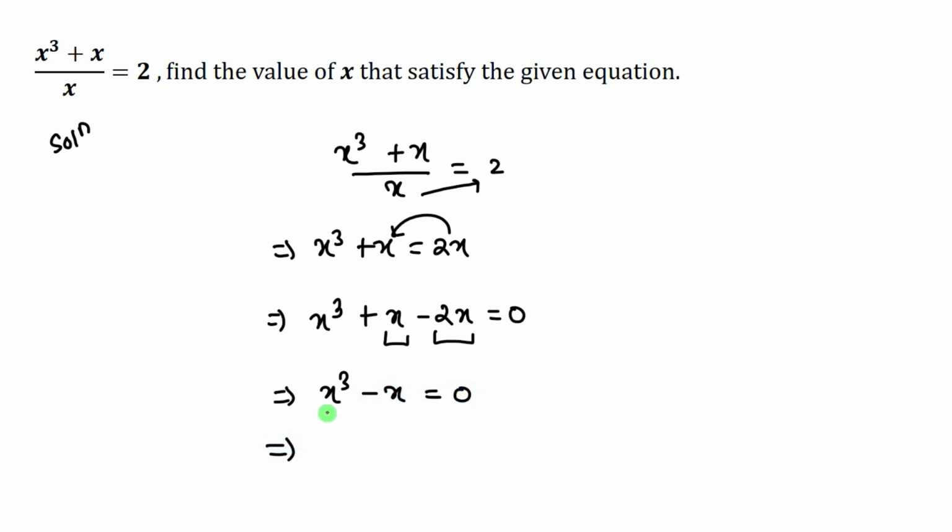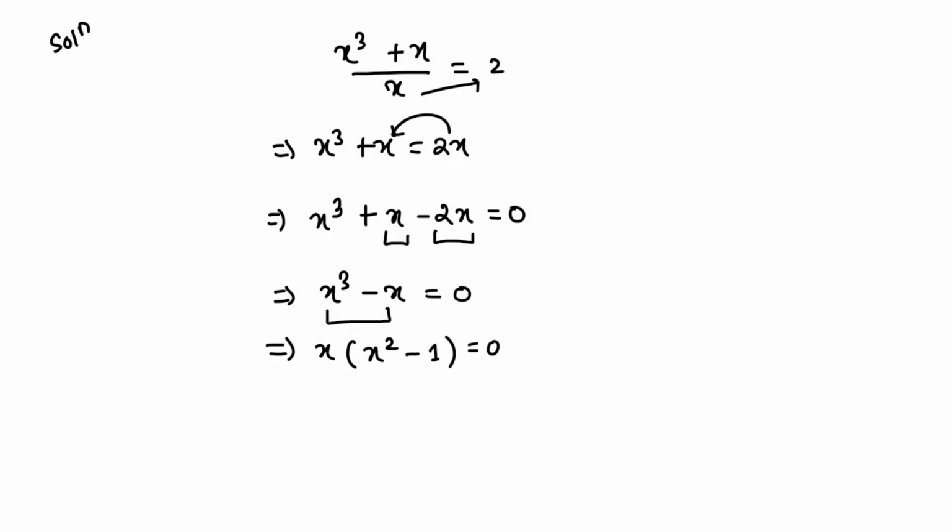Now from these two terms, I can take x common. So x multiplied with (x square minus 1) equals 0. Now here I am going to apply an algebraic formula, that is a square minus b square is equal to (a plus b) multiplied with (a minus b).